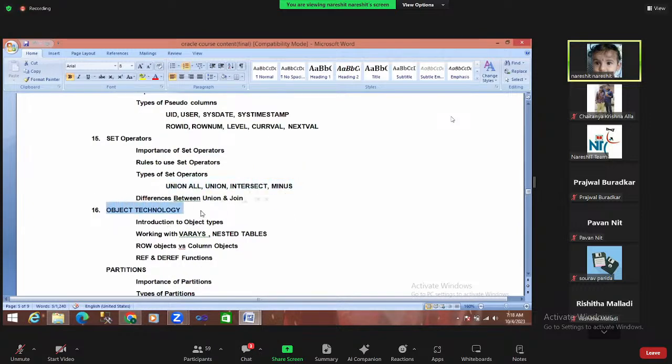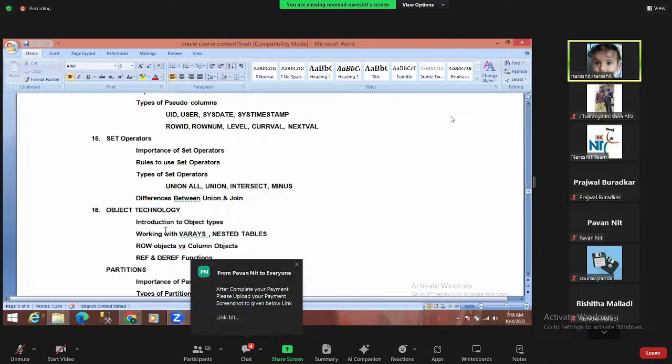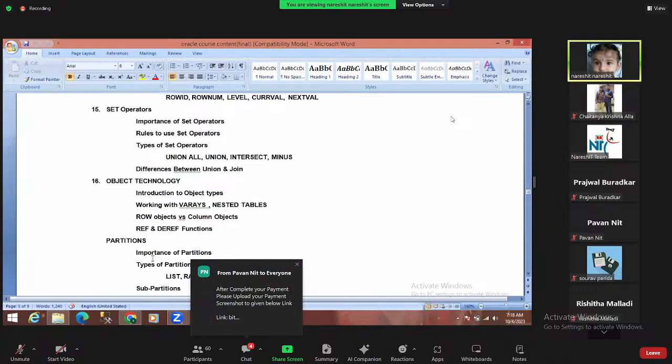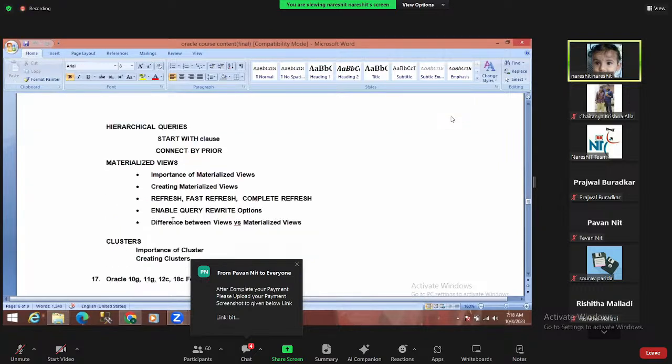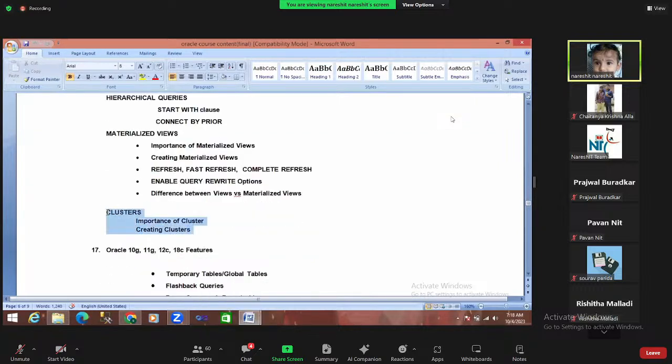Object technology: we know the database supports objects, and this is how to support the objects. Next, partitions. These are the total SQL topics: hierarchical queries, metadata views, and clusters.